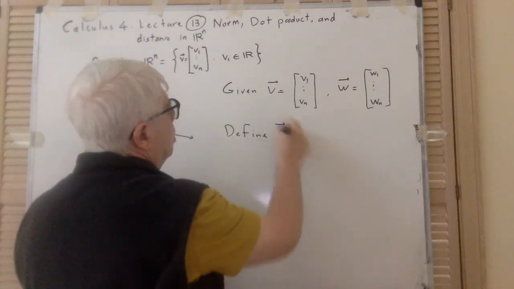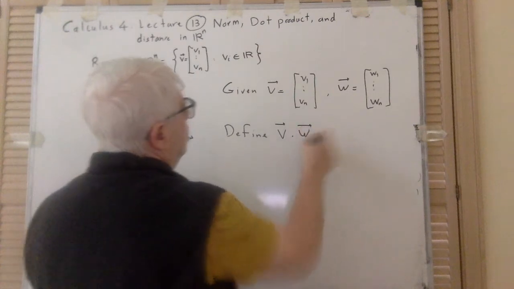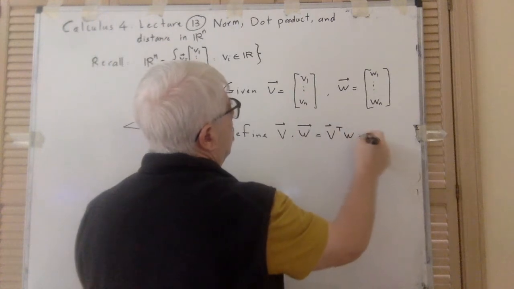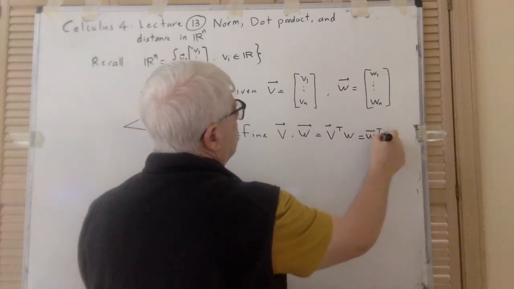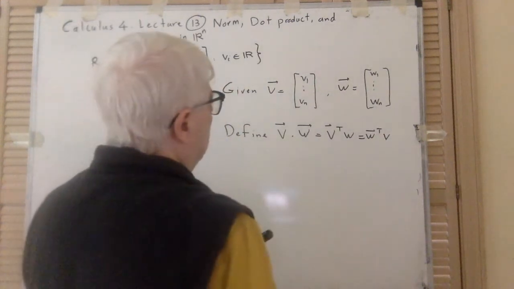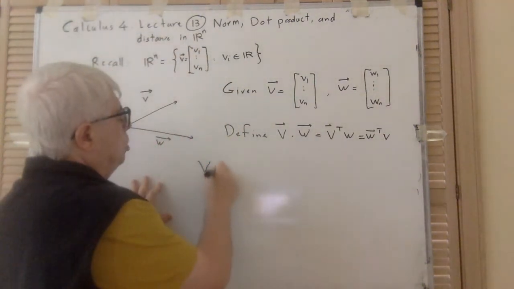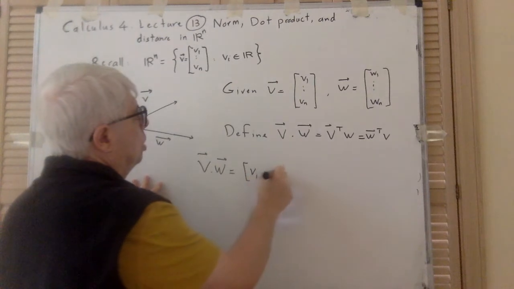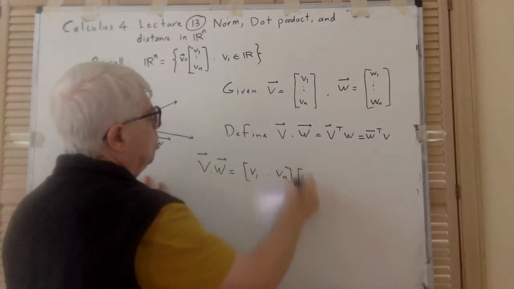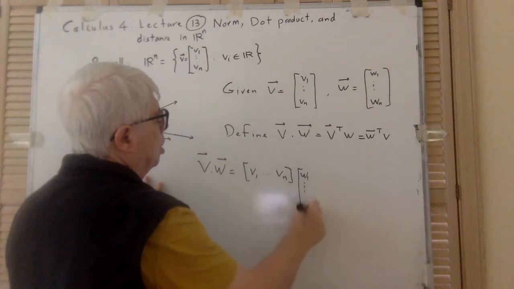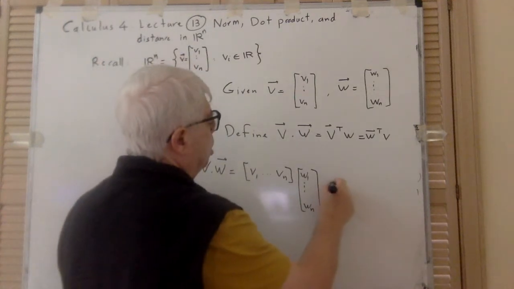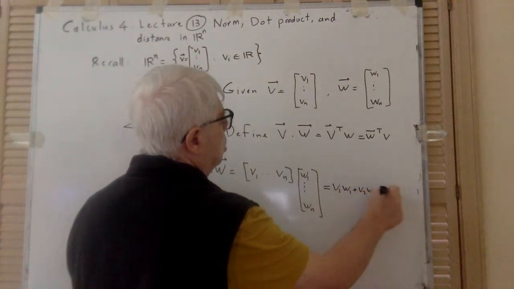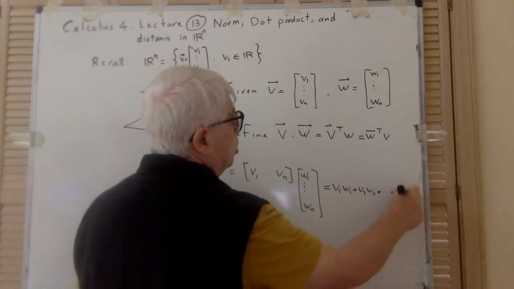We define V dot W to be simply V transpose times W, or W transpose times V. No difference. So V dot W is defined to be transpose of this one times W, which will be V1 W1 plus V2 W2 up to Vn Wn.